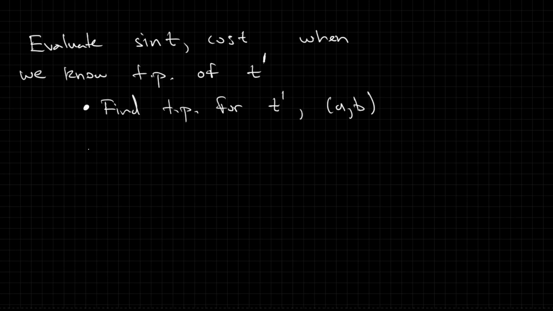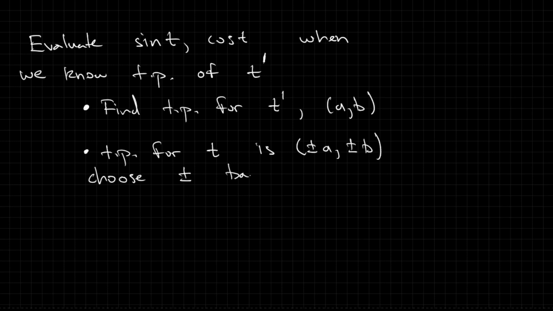Then we had to use the fact that the terminal point for t is plus or minus a comma plus or minus b, where you choose plus or minus based on the quadrant.